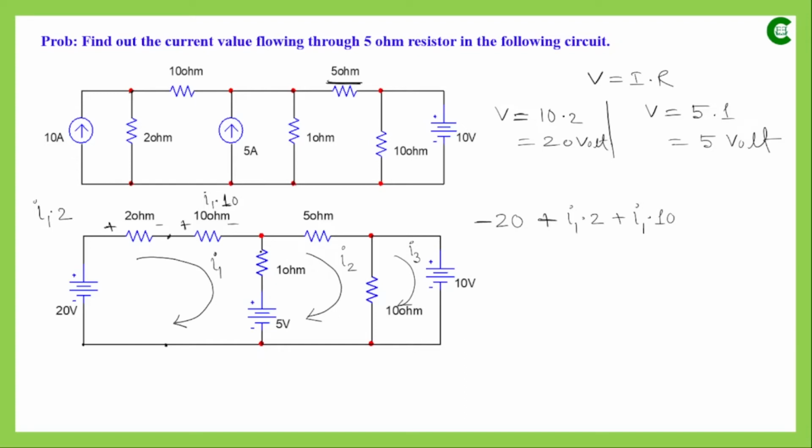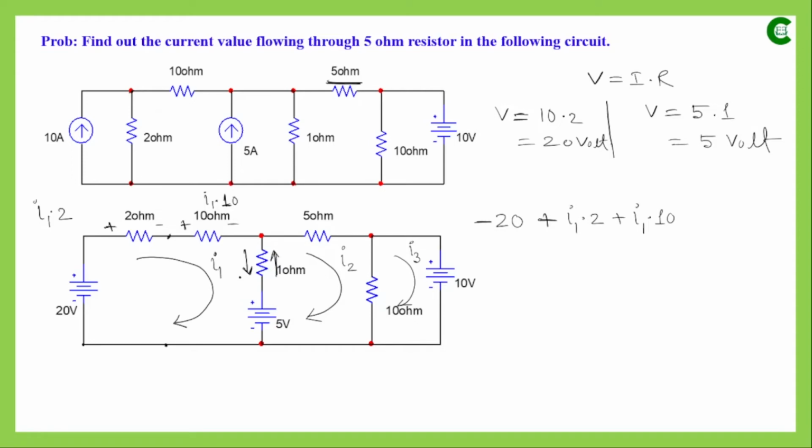So I1 is flowing through this 1 ohm resistance downward, and I2 is flowing through it in the upward direction.